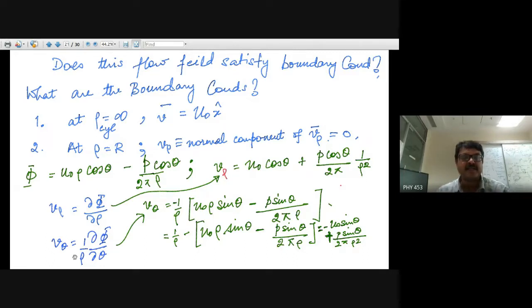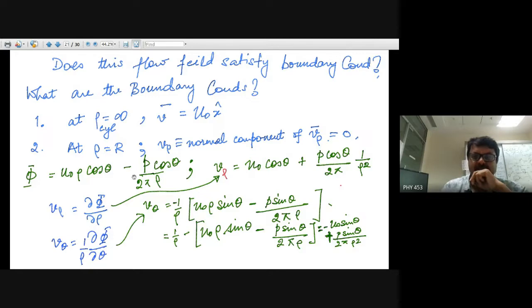And similarly, you can take the derivative with respect to theta, so this will become sine theta with a minus sign, of course, and you have a 1 by rho sitting here. So it's not this minus this, but this entire thing has a minus sign. So it's basically u0 rho sine theta with a minus sign, right?